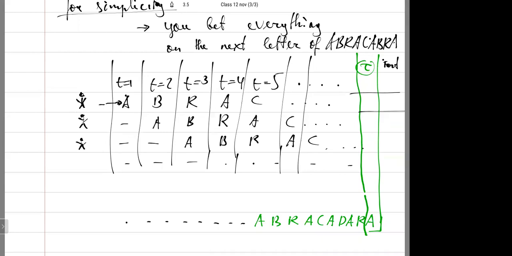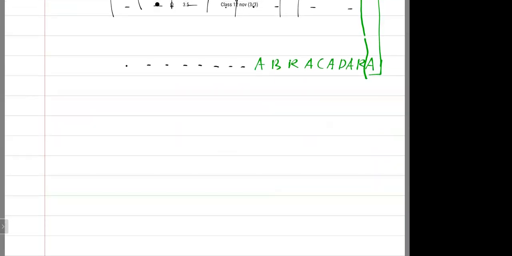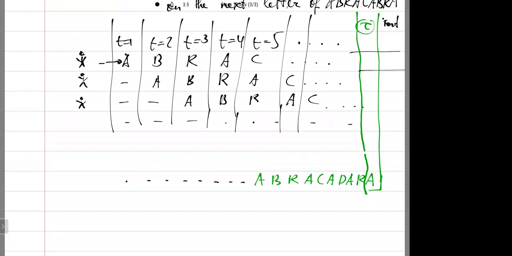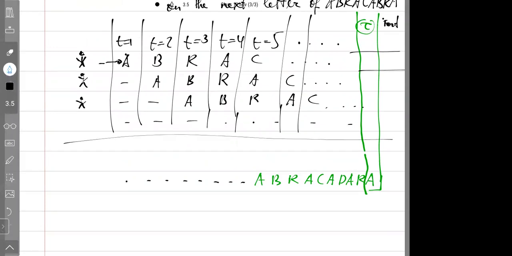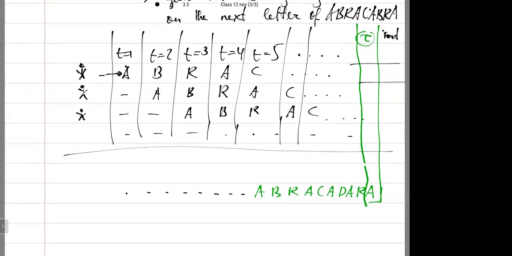So let's imagine some particular case, that abracadabra is here. Excuse me, can I ask a question about the initial fortune? When they come to the casino, they all have $1, right? Yes, every guy.